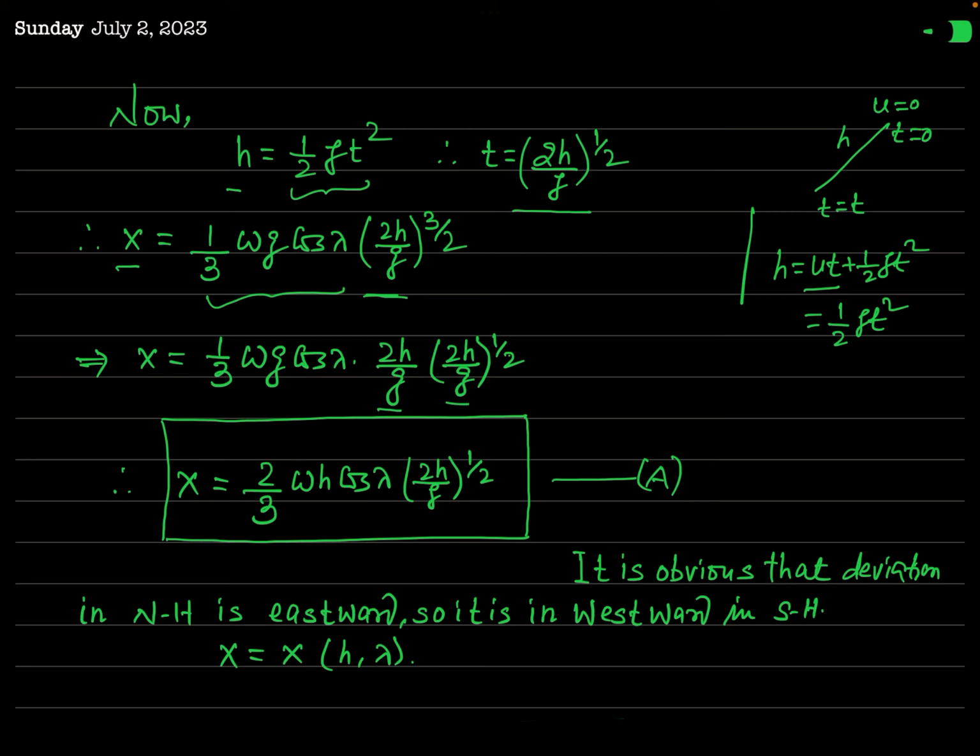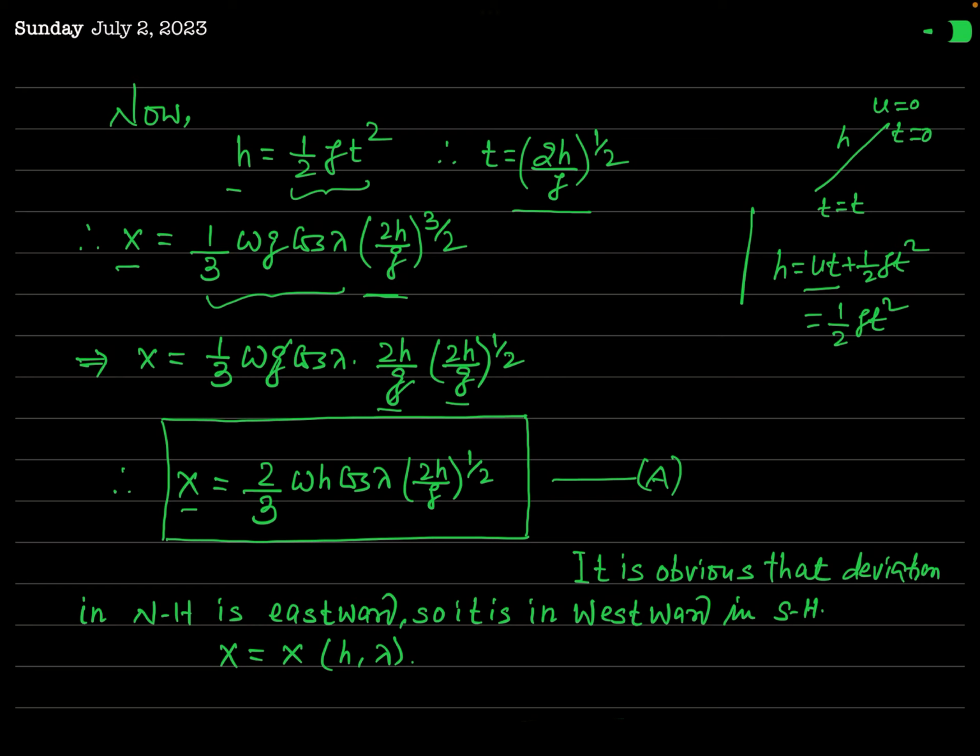Now this g and this g will cancel out, and our result will be x equal to 2 by 3 omega g cos lambda times (2h over g) to the power half. This is our final expression for the deviation suffered by the body due to the Coriolis force acting on it in the Earth's rotating frame.